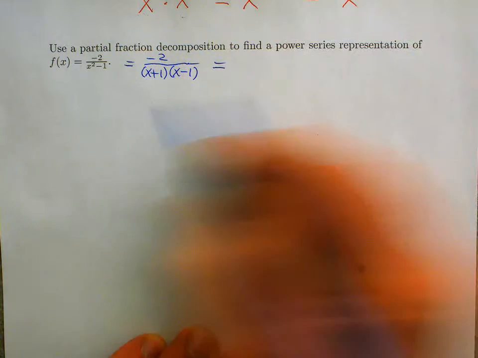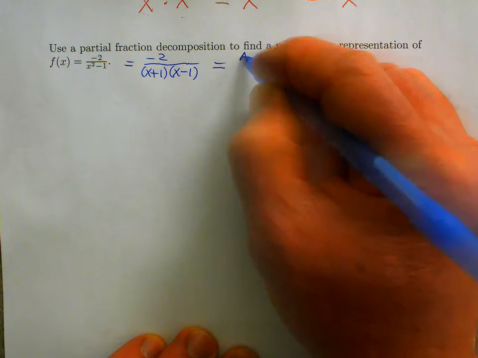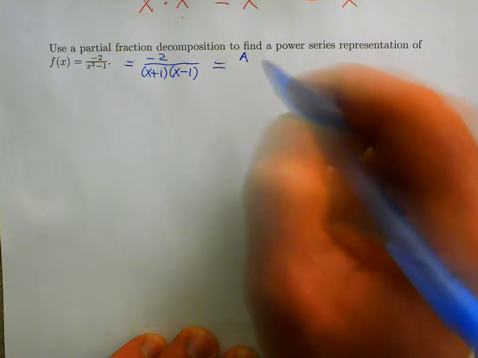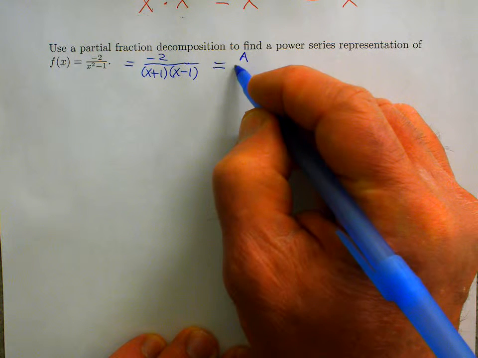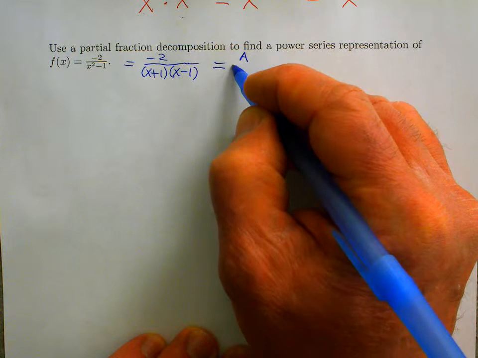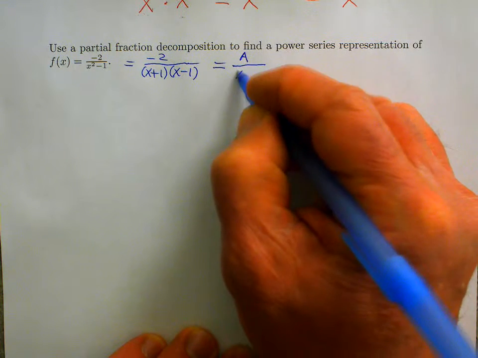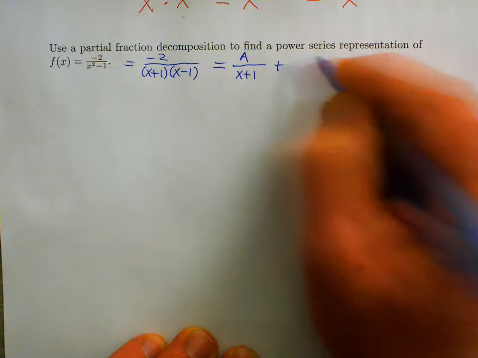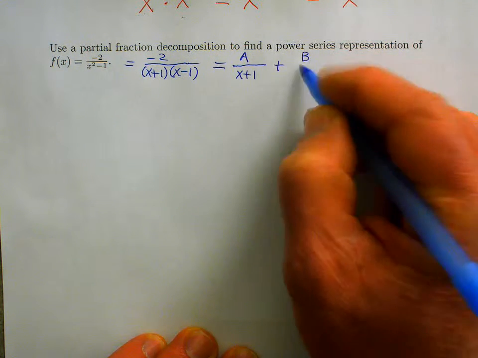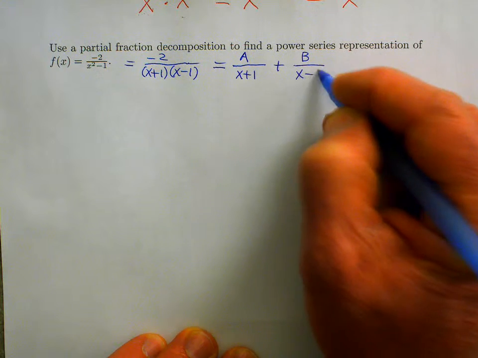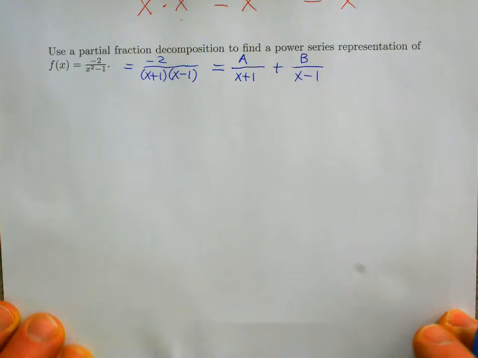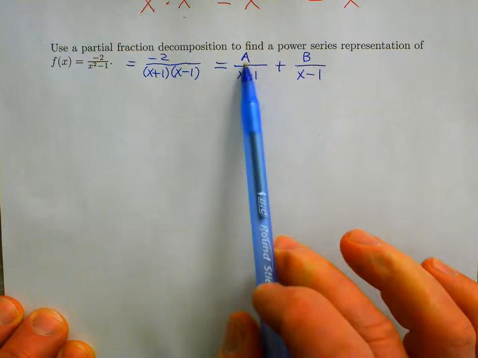So if we write it using a partial fraction decomposition, we can say that this is equal to some number a divided by x plus 1 plus some number b divided by x minus 1. And we want to find the values of a and b.